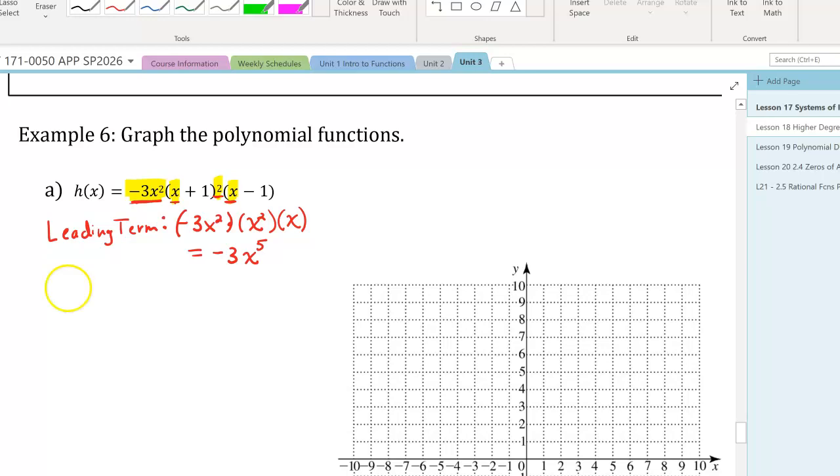So this is an odd degree polynomial, which means the ends will go in opposite directions, and the leading coefficient is negative, which means it will be a decreasing function.